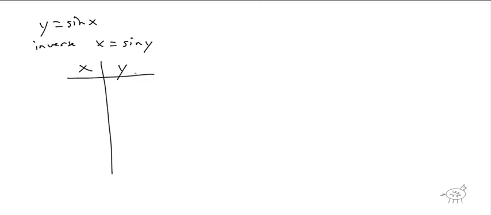I'm going to pick values of y and I'm going to get x. All right, so let's pick some values here. Negative pi over 2, 0, pi over 2, and pi. All right, and then I'm just going to calculate those values by plugging into the formula here, and I get 0, -1, 0, 1, and 0.